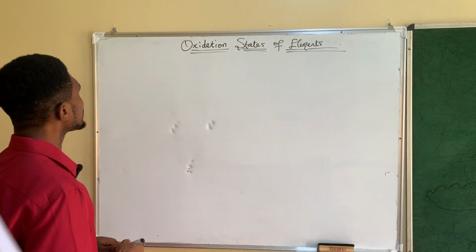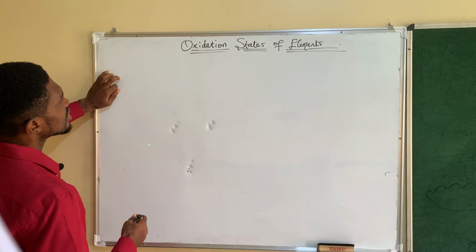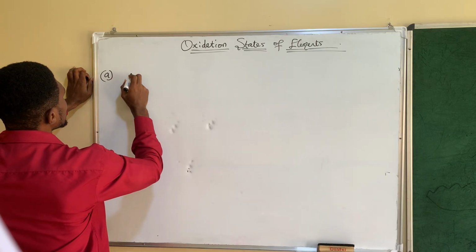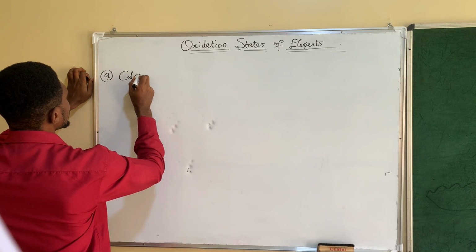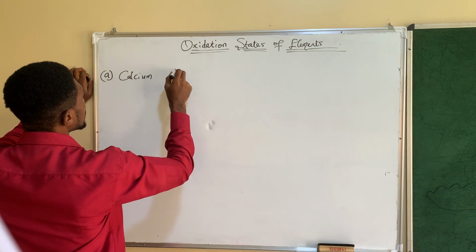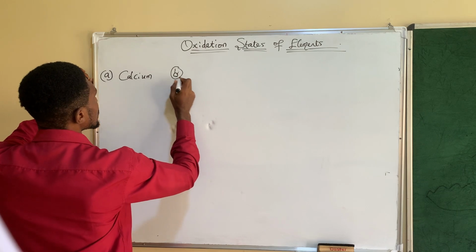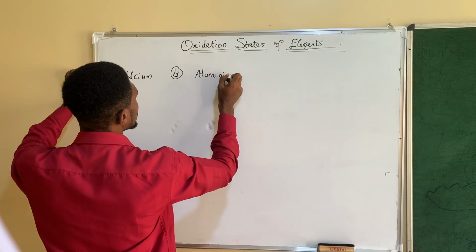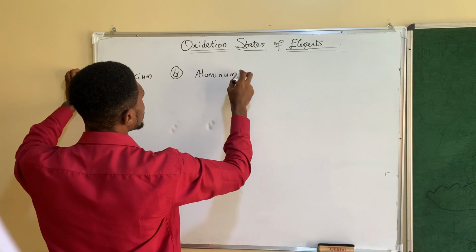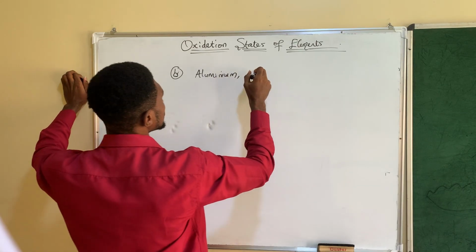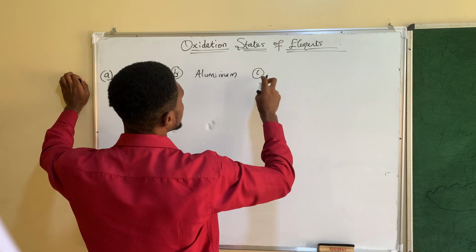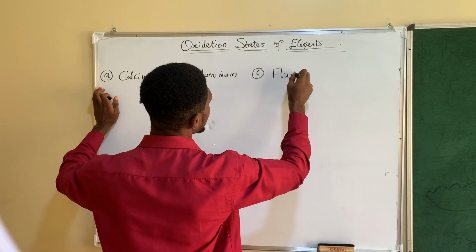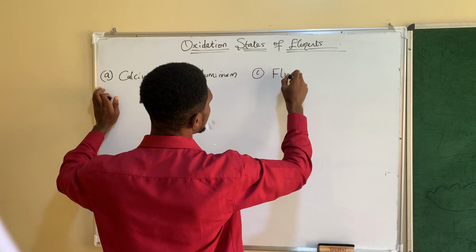So, supposing you have been asked to find the oxidation states of these elements: A being calcium, B being aluminium, and C being fluorine.